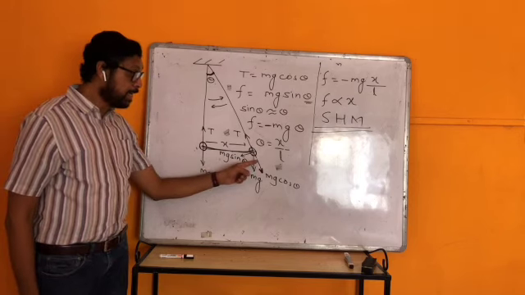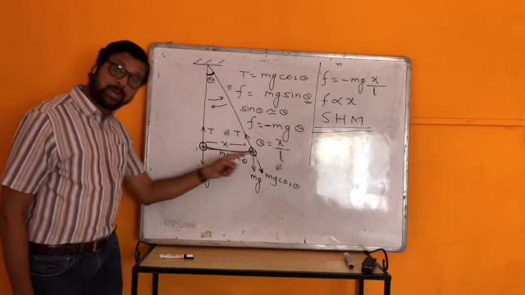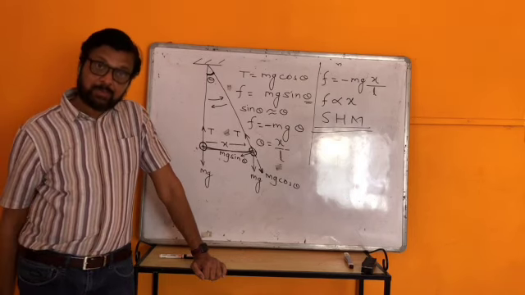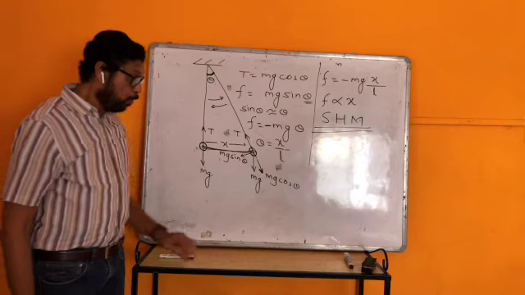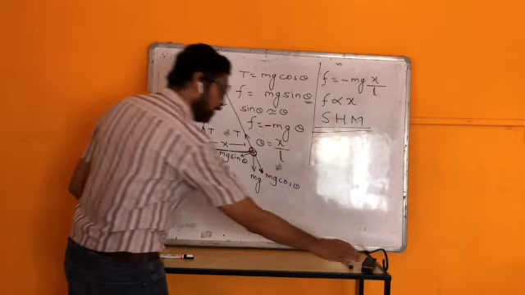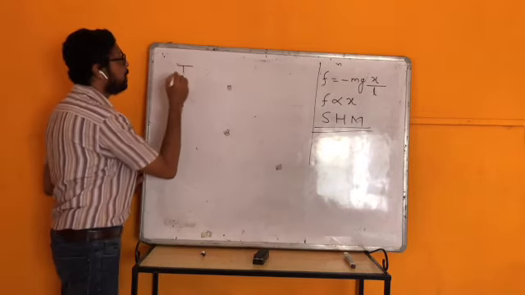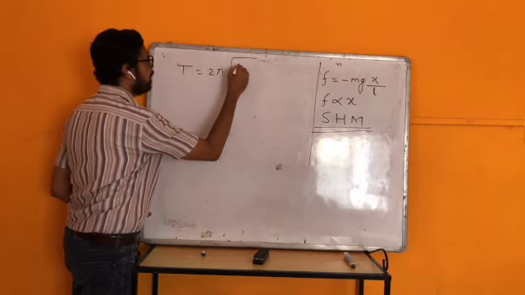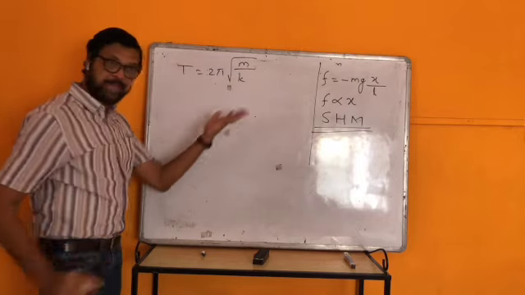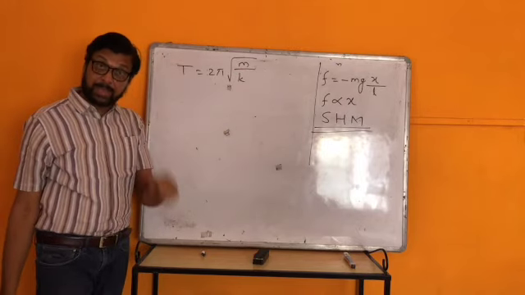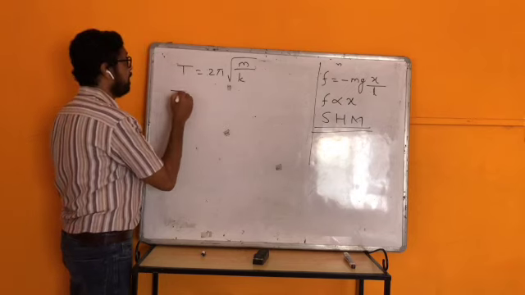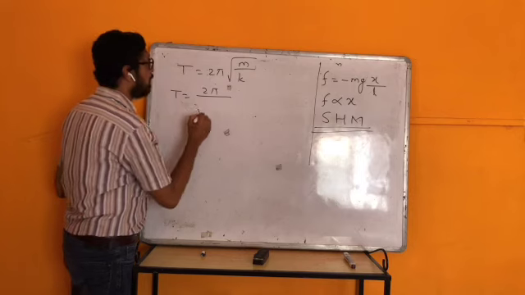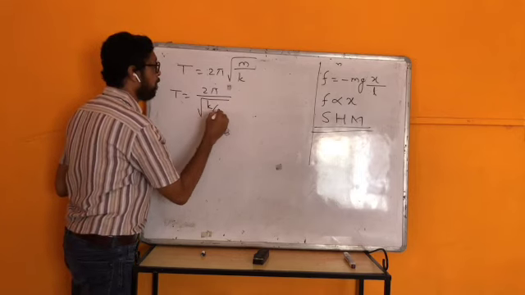Now the time taken by the pendulum to complete one oscillation will be called periodic time of the pendulum. Obviously, what will that periodic time be equal to? In a simple harmonic motion, T is 2 pi under root m by k, that we have seen before. T is equal to 2 pi under root m by k, or you can say T is equal to 2 pi upon under root k by m.